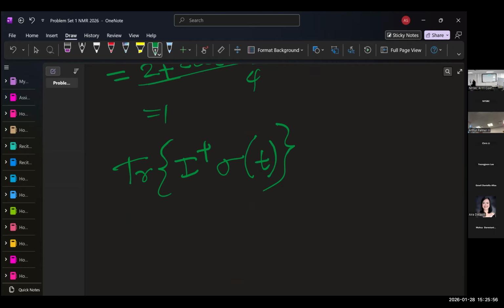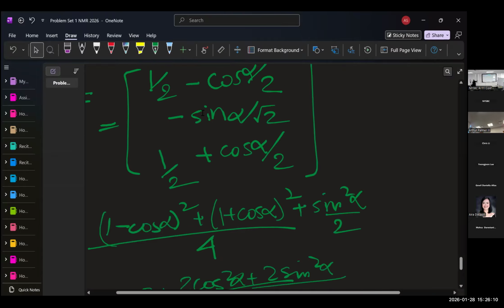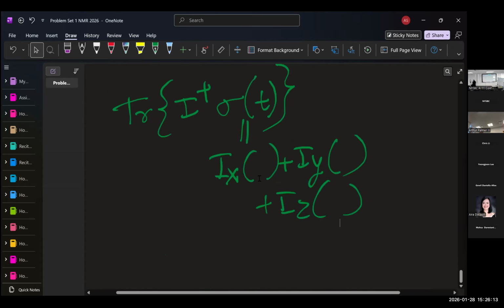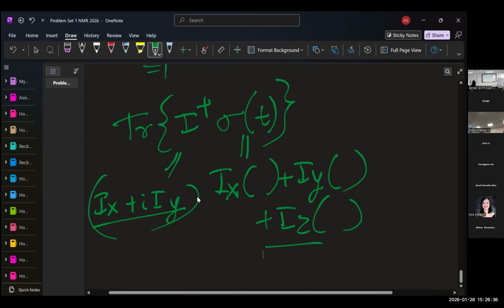If I say the density operator is Ix times something plus Iy times something plus Iz times something, and these somethings are these components, and I plus is again Ix plus i Iy, then when I try and take the trace of this with Iz, I'll get 0. Ix Iz and Iy Iz, those traces will be equal to 0. Okay, I see.